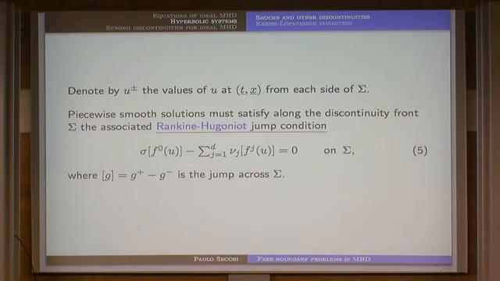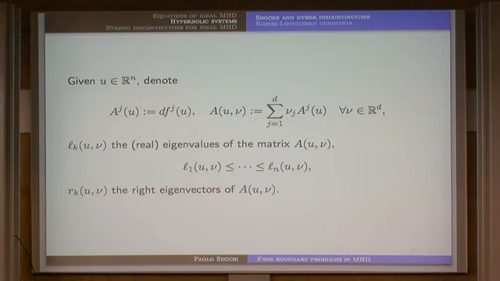We see that the values of u on one side and on the other, given nu, determine sigma, which can be computed from these equations. So we have the differential equations on the two sides of sigma, and this additional jump condition on the front, in order to have a weak solution.